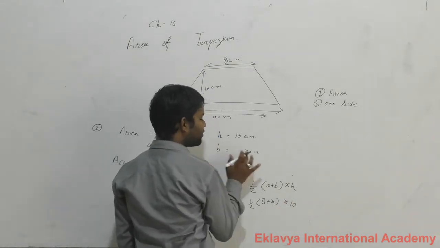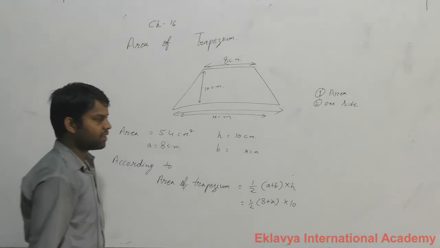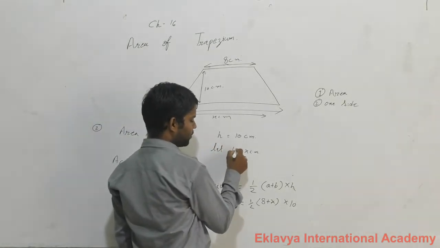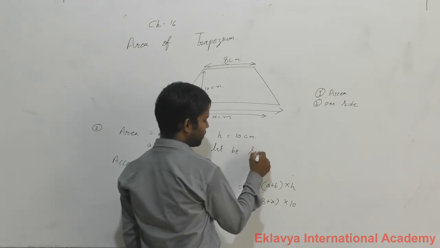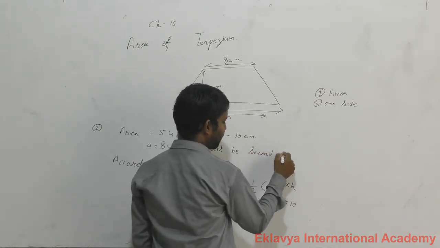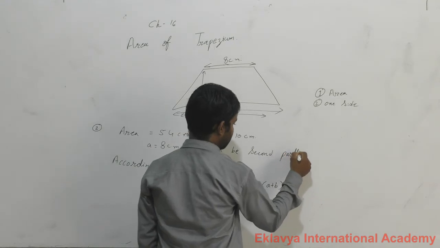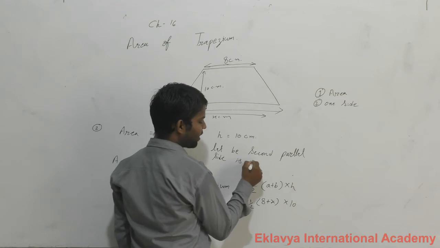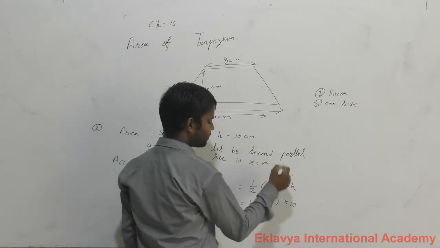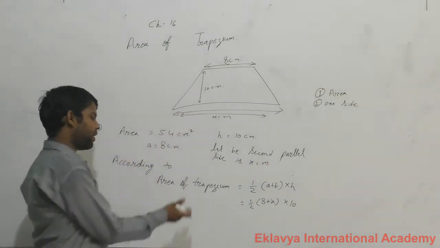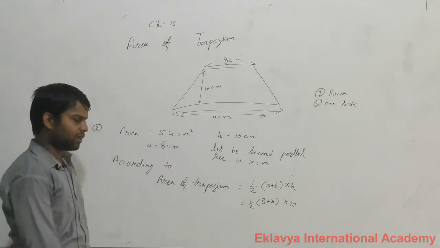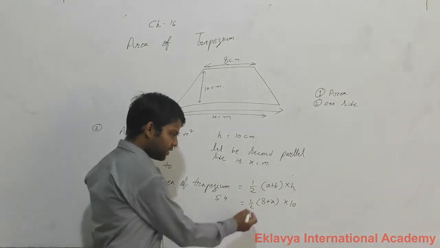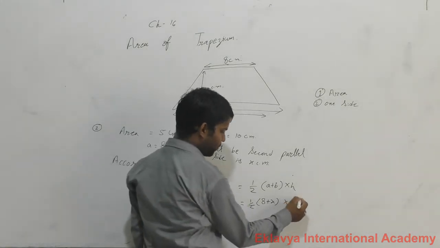Remember that if you assume x centimeter is the side, then we write a complete statement: let b, the second parallel side, be x centimeter. And area of trapezium is also given here, 54 centimeter square. Then cancel out 2 into 10.